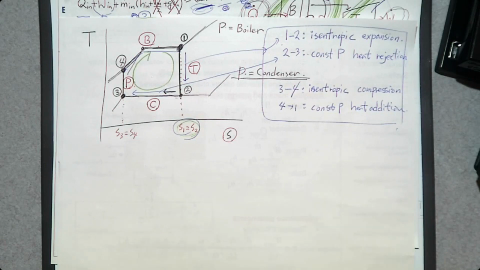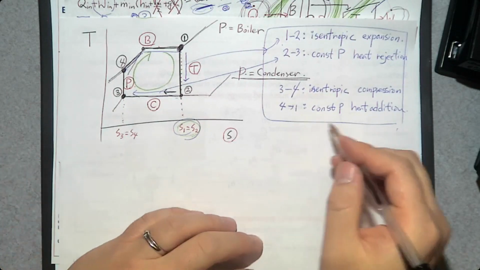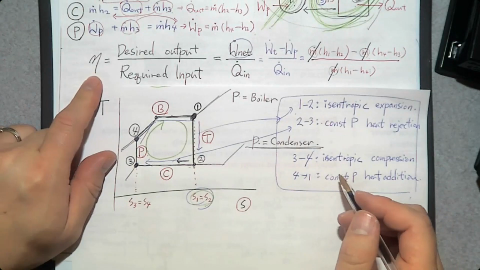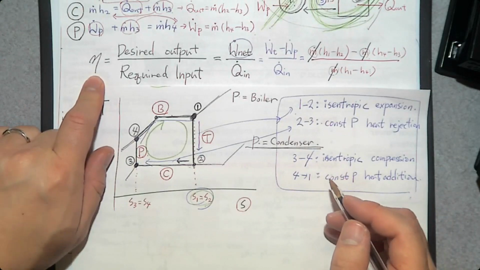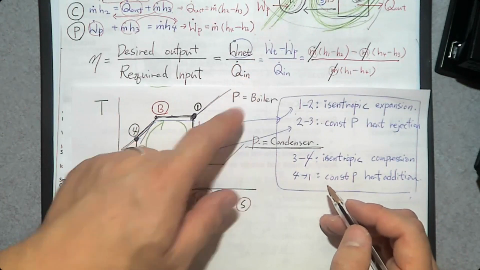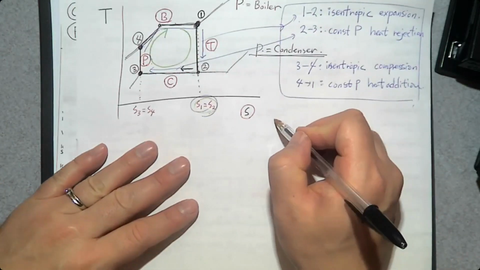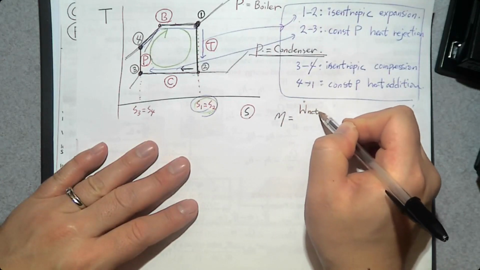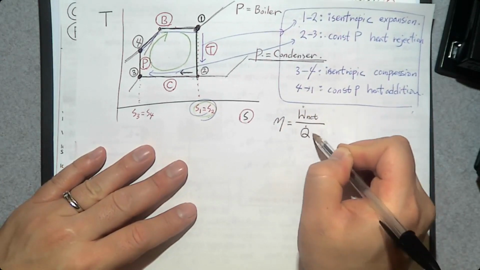So basically, the energy balance equation, the thermal efficiency can be determined by W dot net over Q dot in.